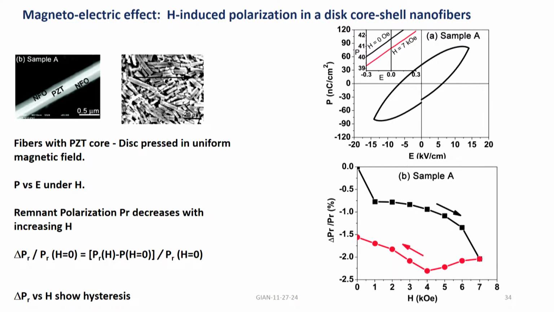In single phase systems, you may get a 1% change for a field of 5 to 6 Tesla, that is 50 to 60 kilo-oersted of static field, whereas here we are talking about less than 1 Tesla of H, and that is a significant change.